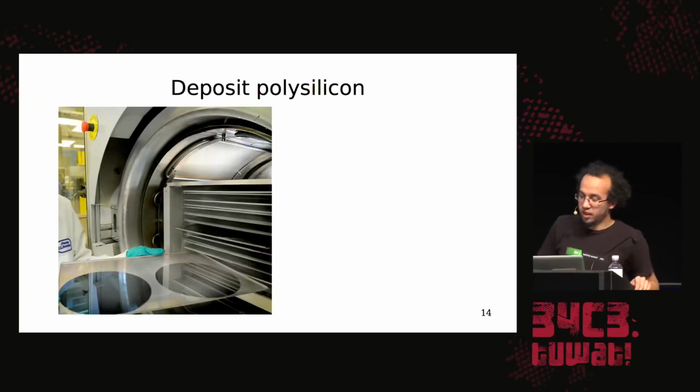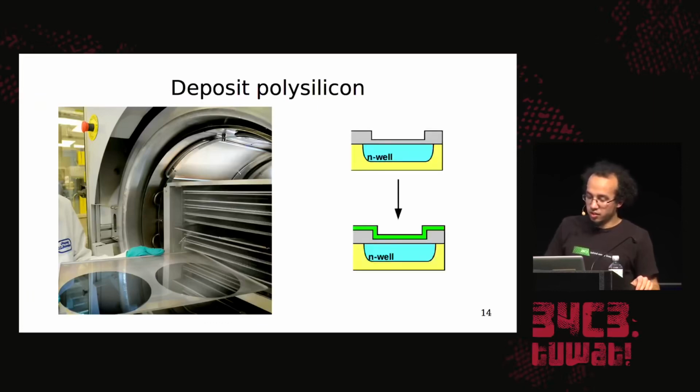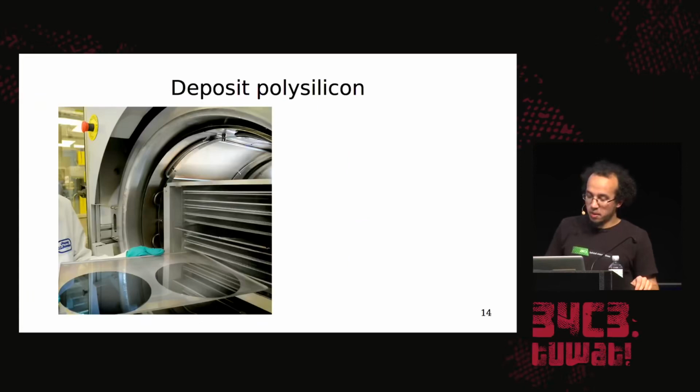So next part of your gate, the actual gate material. This is deposited in one of these chemical vapor deposition machines. So you see here that it's another chamber. You flow silicon-containing gas through it.